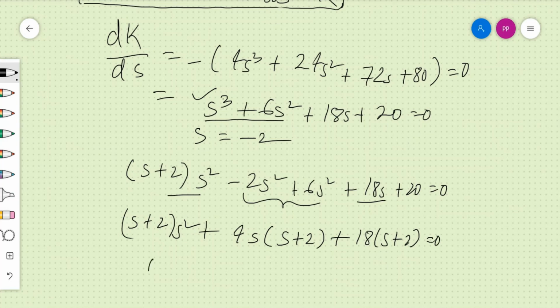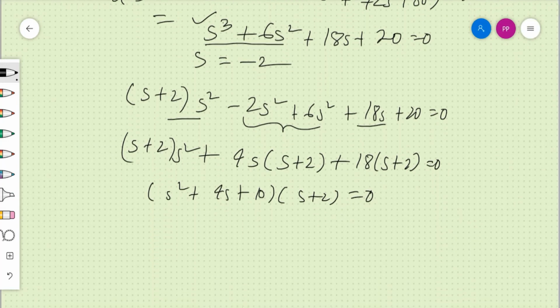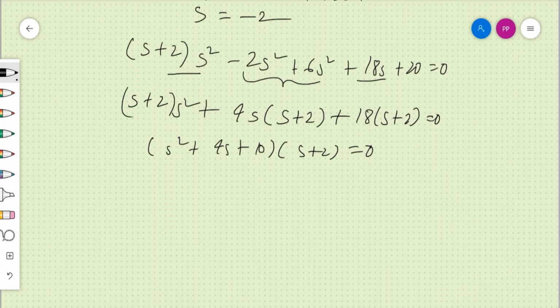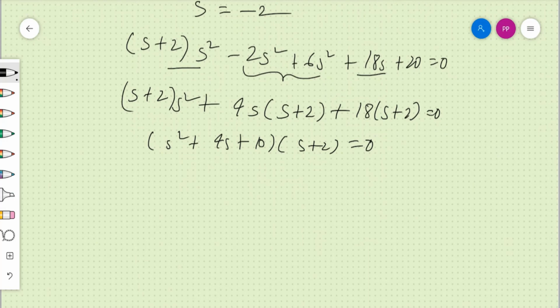So you are left with s square plus 4s plus 10 into s plus 2. If you want to find a root of this, then this is equal to 0. Therefore s can be solved: minus 2 already is the factor.